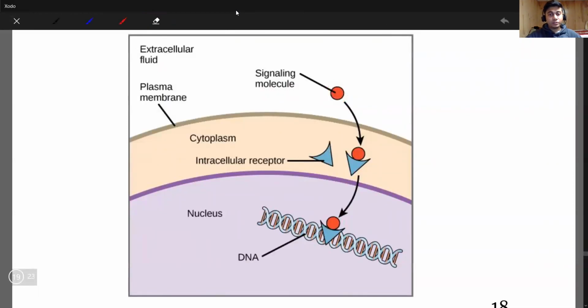When they pass through, they can bind to this intracellular receptor. Together, this receptor and ligand can go and bind to the DNA to make some change, like making the DNA be transcribed and translated.